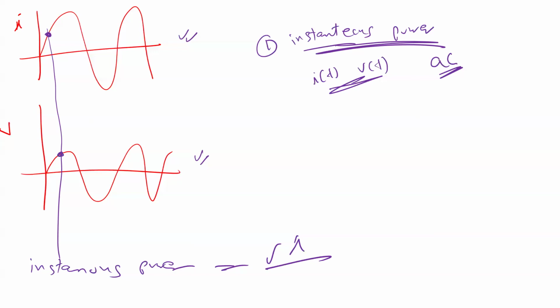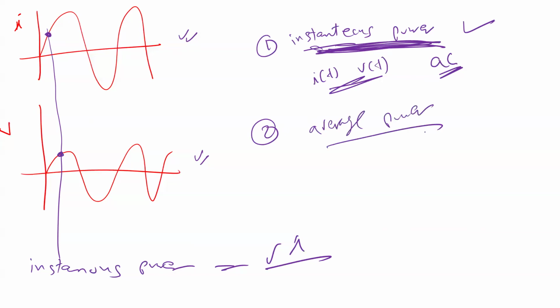This is one difference. The other difference is that sometimes you are interested in the average value. If you have something that changes over time, I'm interested in the average value. So here I can give you the instantaneous power, and sometimes you are also interested in the average power.